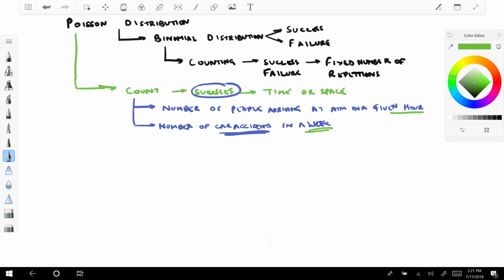In order for any random variable to qualify for a Poisson distribution, we have two conditions. The first condition is that success can occur one at a time.